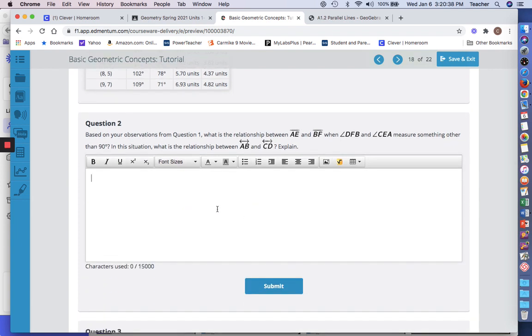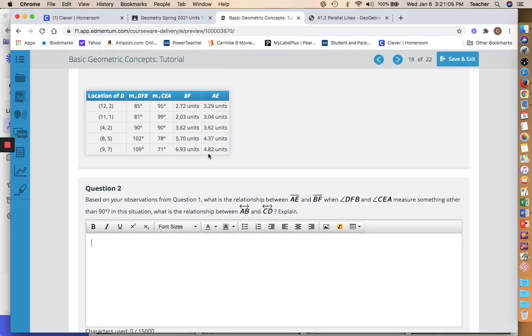Based on your observations from question 1, what is the relationship between AE and BF? Then angle F and angle E, because again, those are the letters in the middle. So measure something other than 90. Well, they're not going to be parallel anymore, because if they measure something other than 90, they won't be parallel. Also, AE and BF aren't equal to each other otherwise.